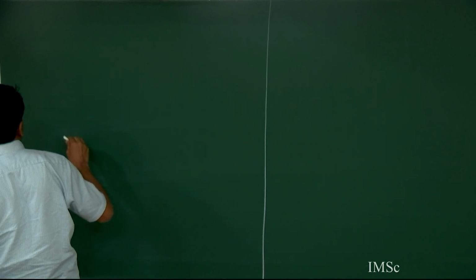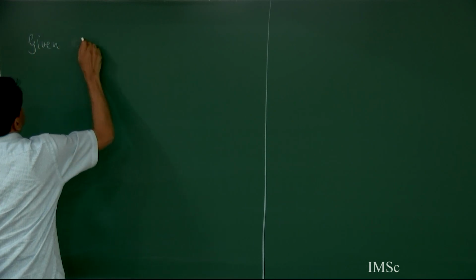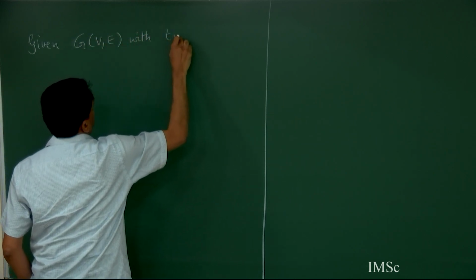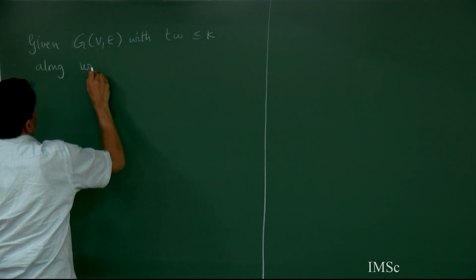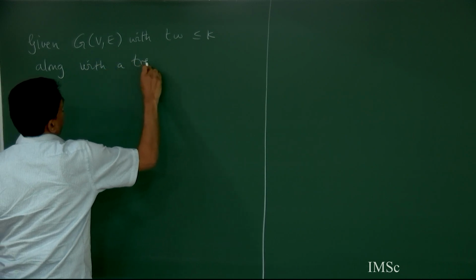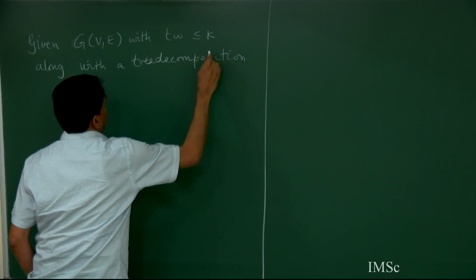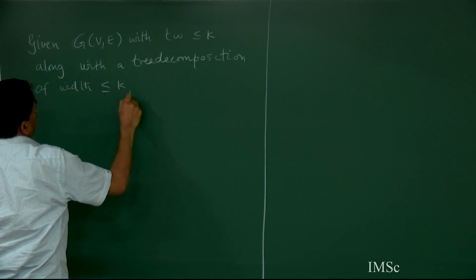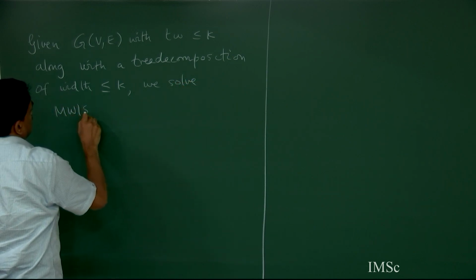So what we saw yesterday was that given a graph G with tree width at most K, along with a tree decomposition of width at most K, we can solve the maximum weight independent set in this much time.